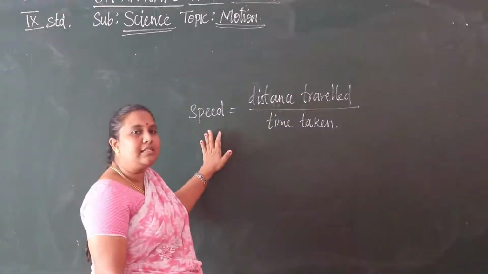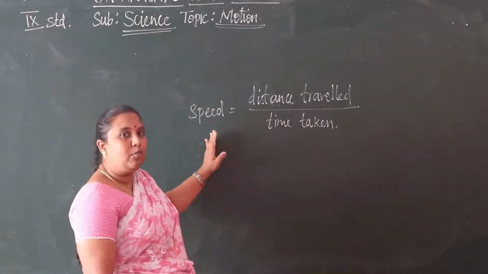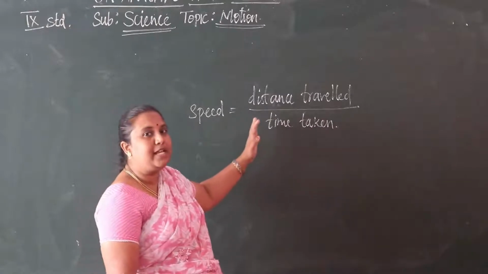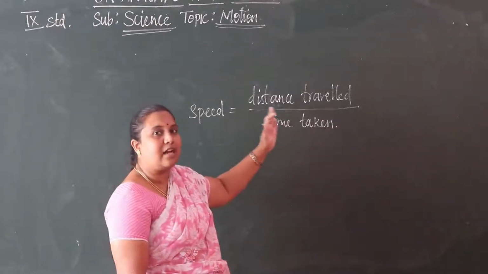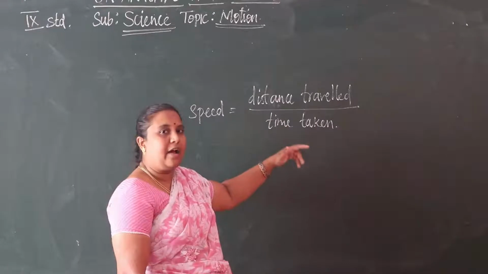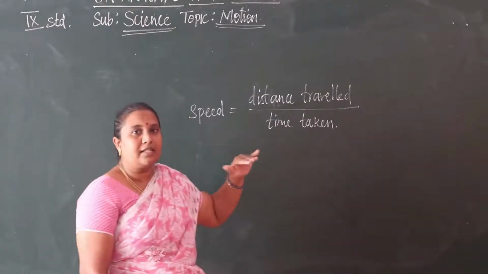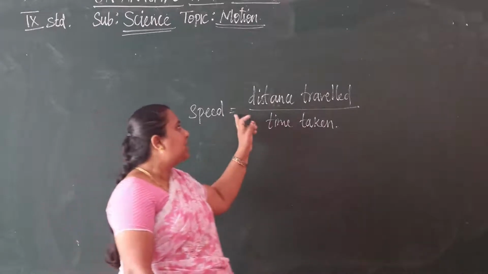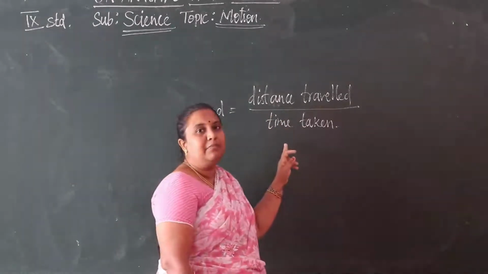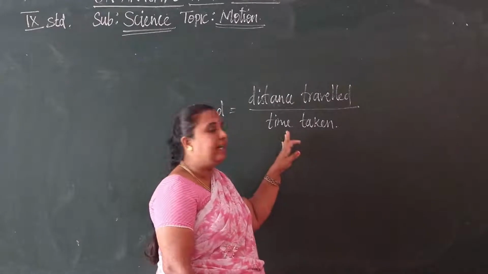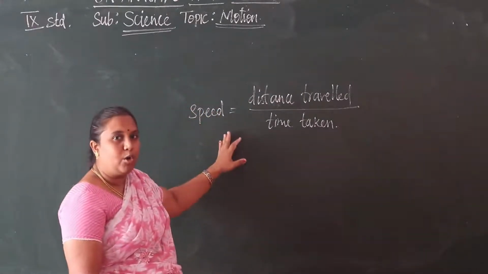It is the speed of your vehicle or your body when it travels from one place to another place. That is the distance traveled from A to B, or from here to there, divided by the time taken. We can say that is the speed of the body.